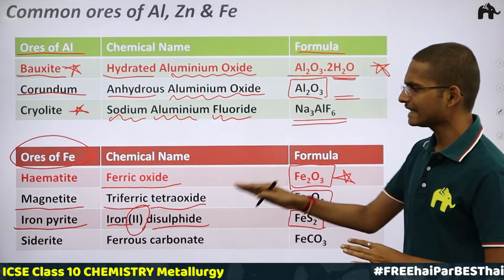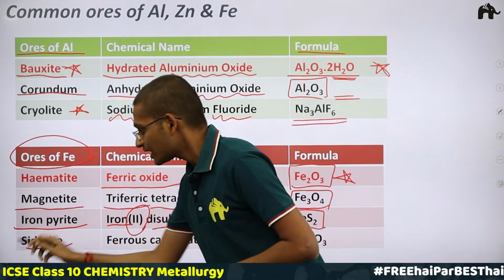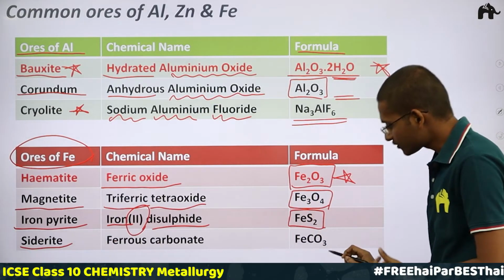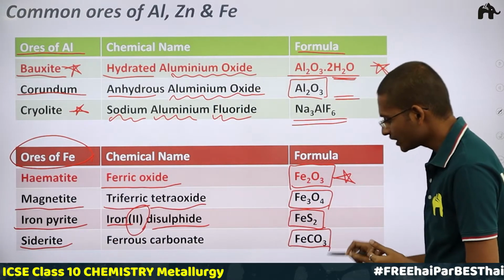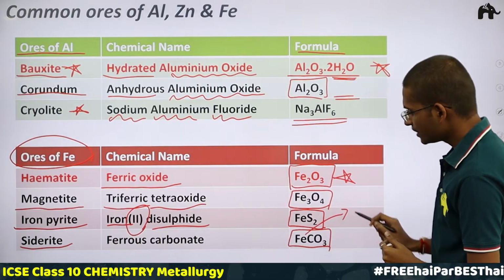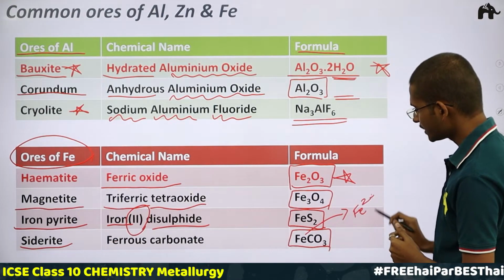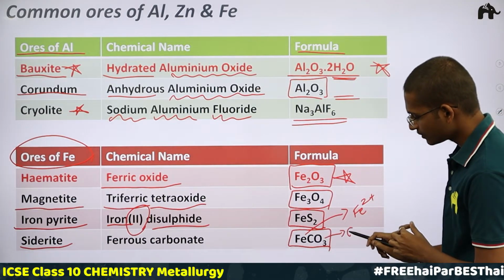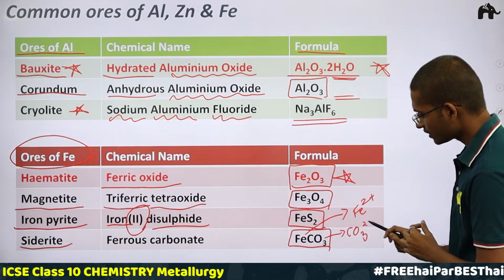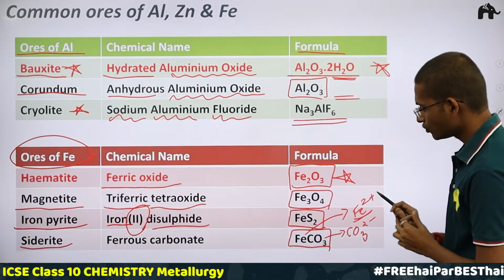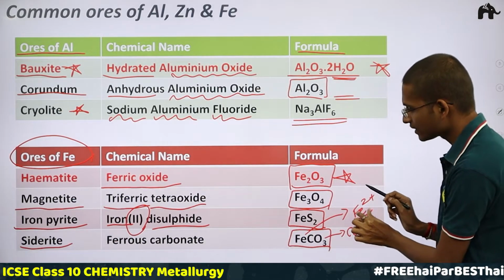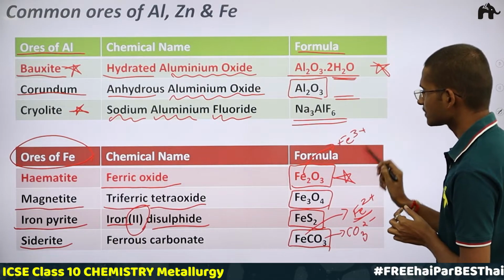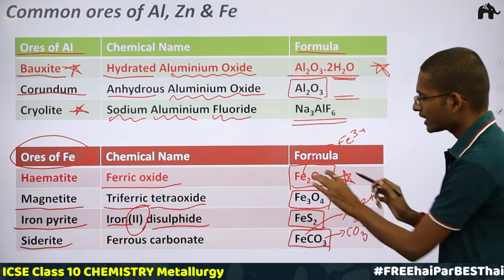And then siderite. This is iron carbonate, meaning iron and carbonate are there in this compound. FeCO3. Here Fe is in its +2 state, and carbonate is having 2- charge. We know that Fe in 2+ charge we call ferrous. In Fe2O3 it is in 3+, and you can just calculate the charge.